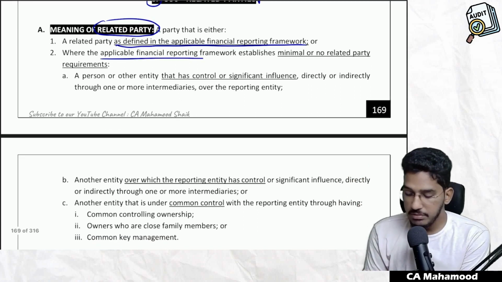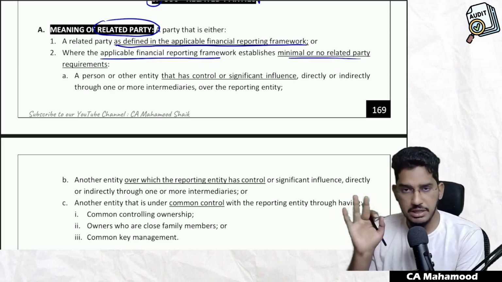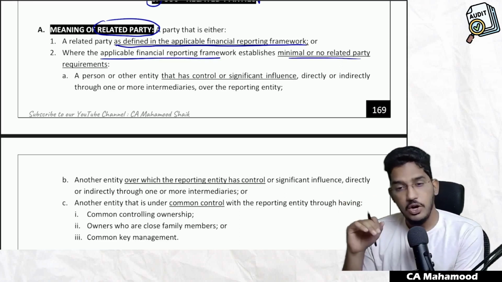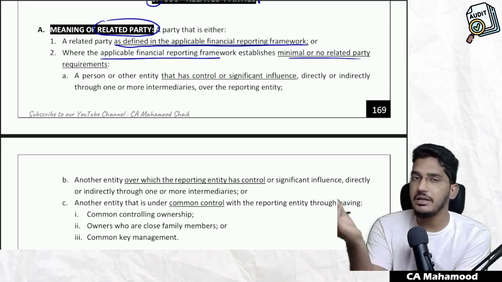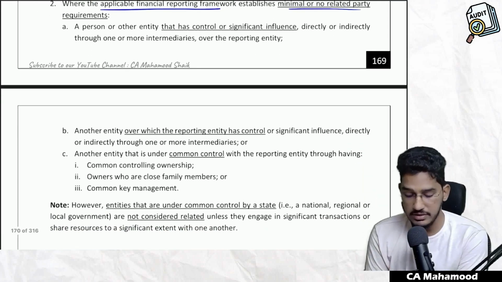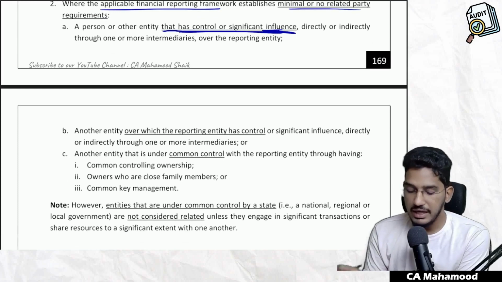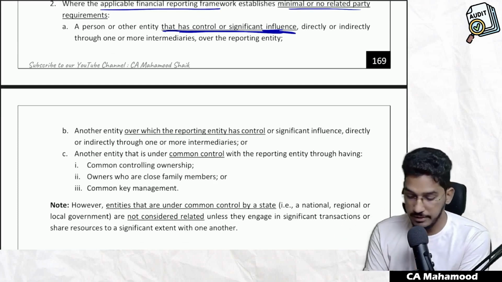However, where the applicable financial reporting framework establishes minimal or no related party requirements, that means if in the applicable financial reporting framework they did not define the term related party, or they have defined it in a very minimal way, so there is no complete definition of related party, then follow the definition whatever they are saying here. What is that? An entity or a person or other entity that has control or significant influence directly or indirectly through one or more intermediaries over the reporting entity.